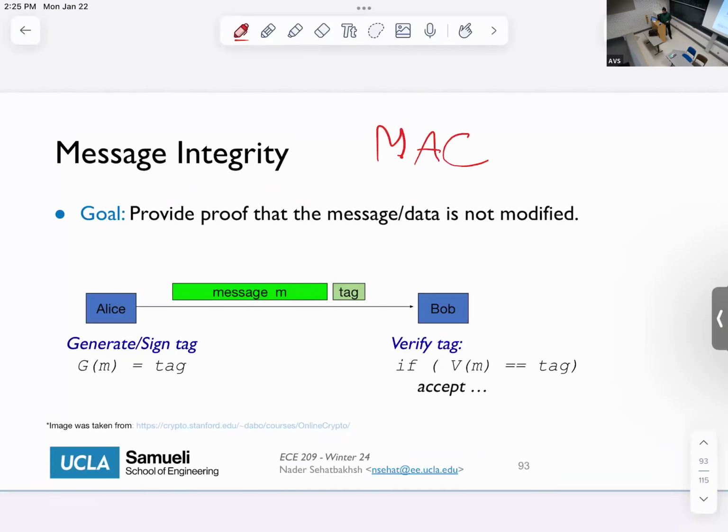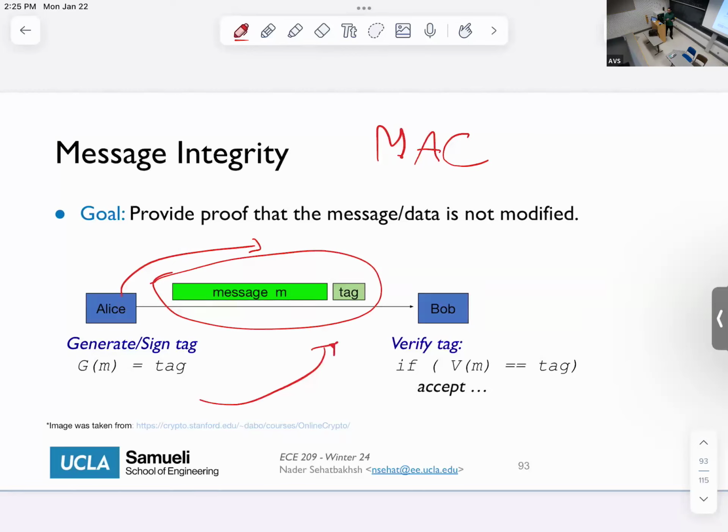The idea of MACs is this: if I receive a message, I don't care about the confidentiality part of it. I'm okay if the adversary can see it. But what I'm interested in is making sure that the message I've received is the exact same message that the sender has sent, right? Because the adversary can intervene and send me something else.